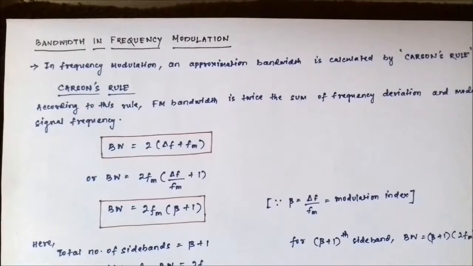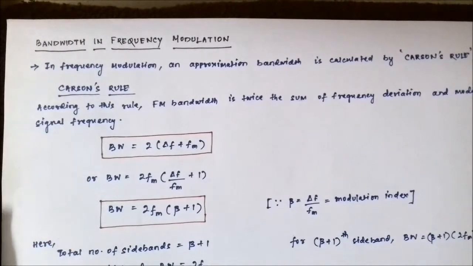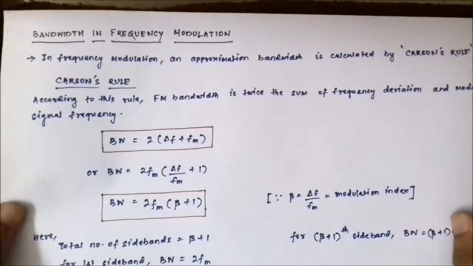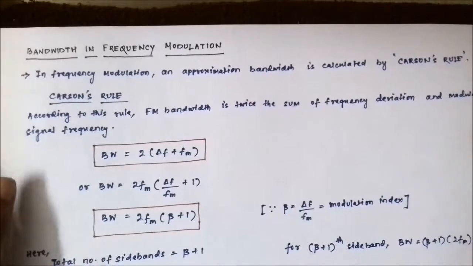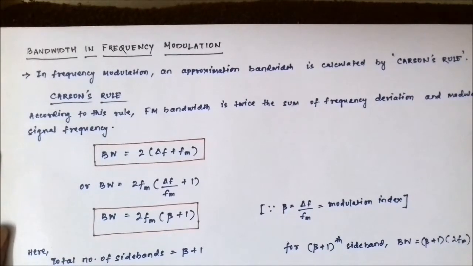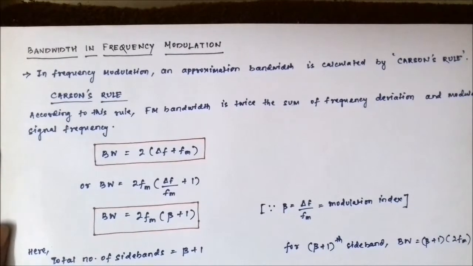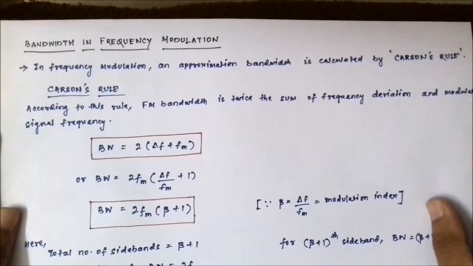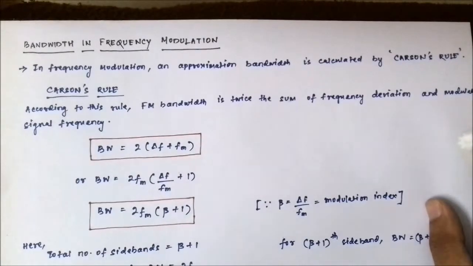Next is the bandwidth of a frequency modulated signal, or bandwidth in frequency modulation. Now, the number of sidebands which occur in frequency modulation is very high as compared to that in amplitude modulation, where there are only two sidebands, the upper and lower sideband.